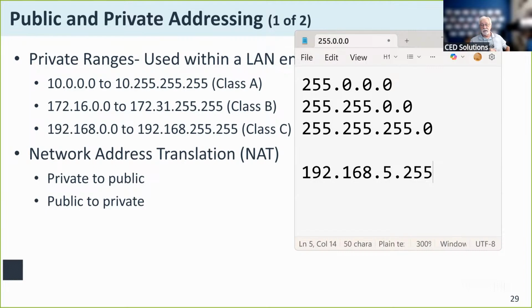That broadcast address, which is the high order address in that range, will allow me to send the same message to everybody in the network. Okay. So it leaves me then a total of 1 through 254 that I can assign as host addresses within this network address.